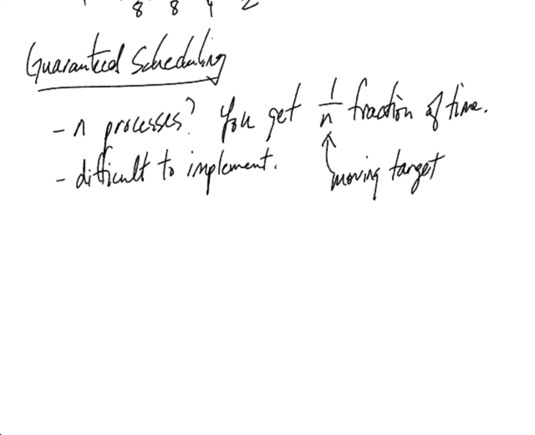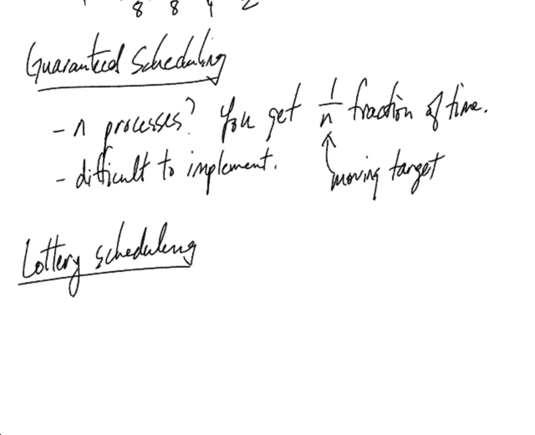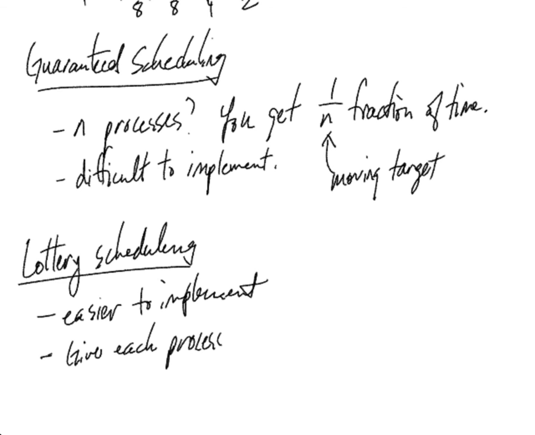So an answer to that problem is lottery scheduling. And it's easier to implement. The idea is to give each process some number of lottery tickets according to its priority.